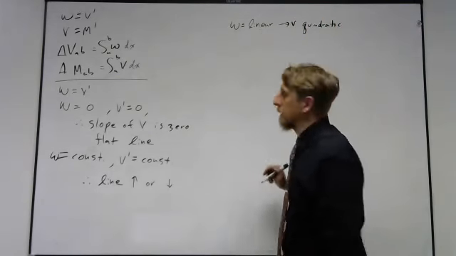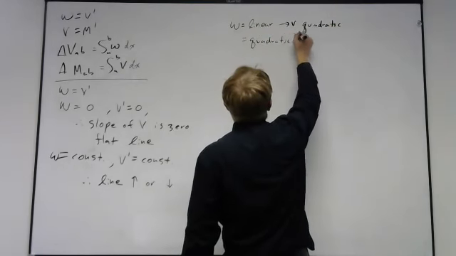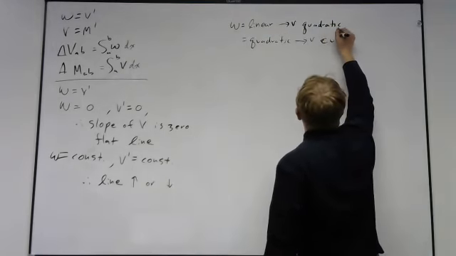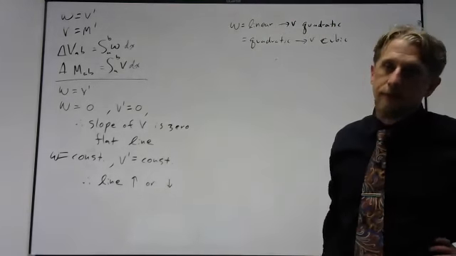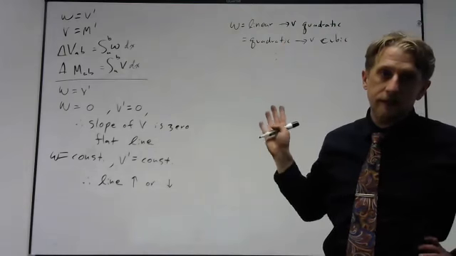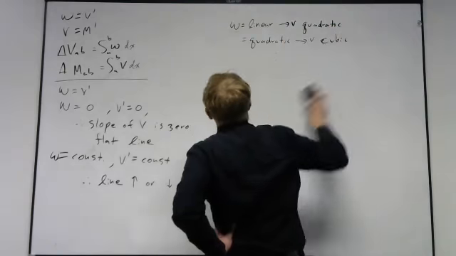And you can keep going if you like. Quadratic, V is cubic then, and so on ad infinitum. So this gives us the shape of this guy. We'll come back to that.